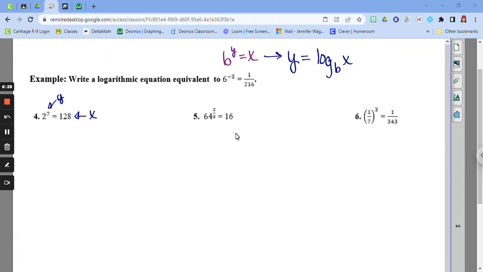What goes first on number 4? Okay. Log base 2 of 128. Yep, equals 7. You can write it either way.